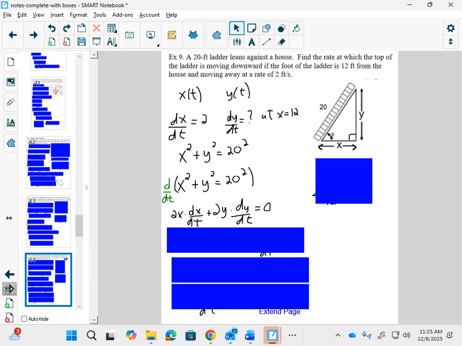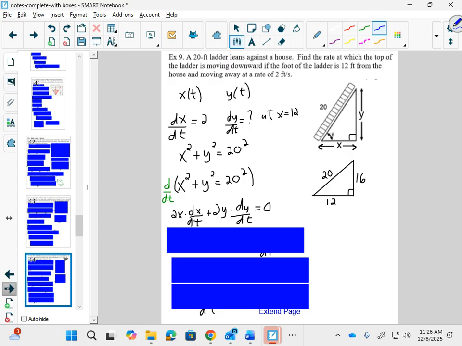Now, to fill things in, we have to think of the specific moment when the ladder is 12. So often we show two diagrams. Our first diagram here shows the things that are changing.